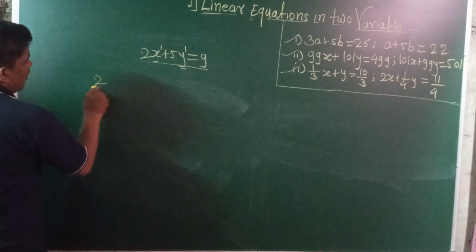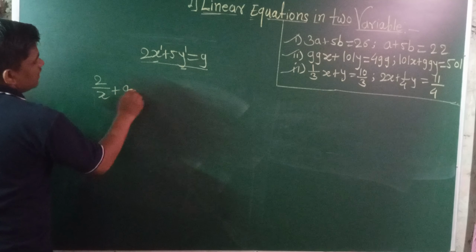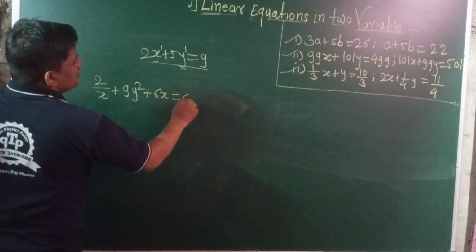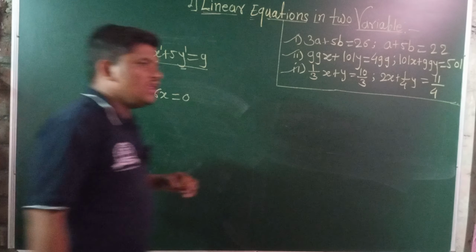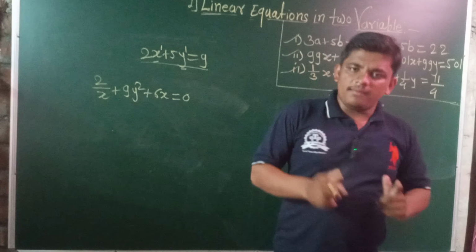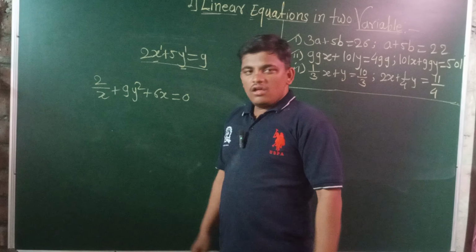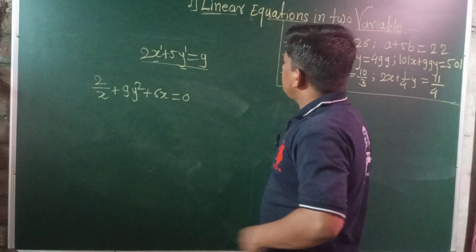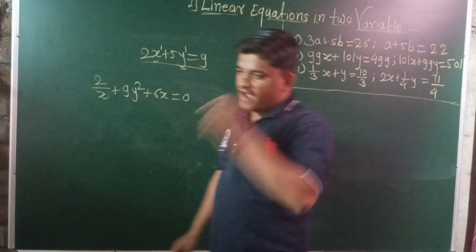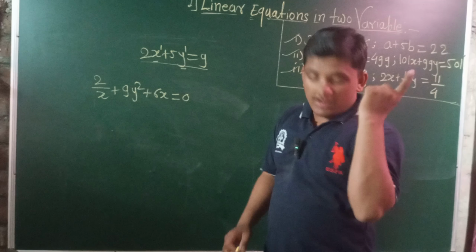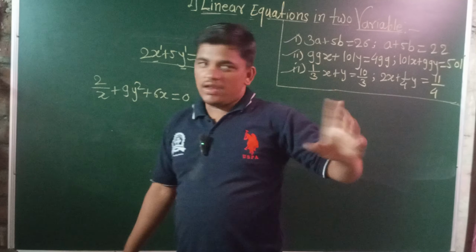For example, 2 upon x plus 9y square plus 6x equal to 0. Is this equation a linear equation in two variables? Identify: if yes, why; if no, why no. When we are dealing with linear equations, we know that the power or degree of the equation is 1. Degree means the power of variables.